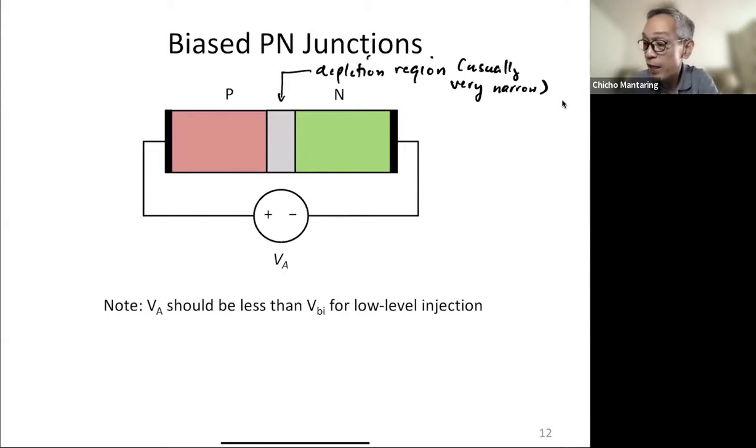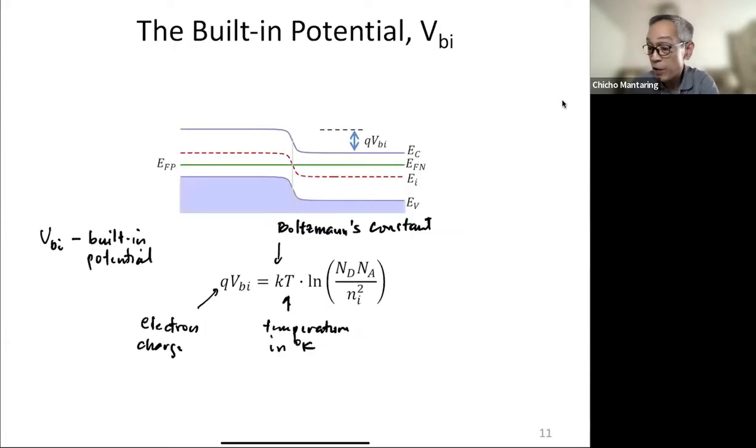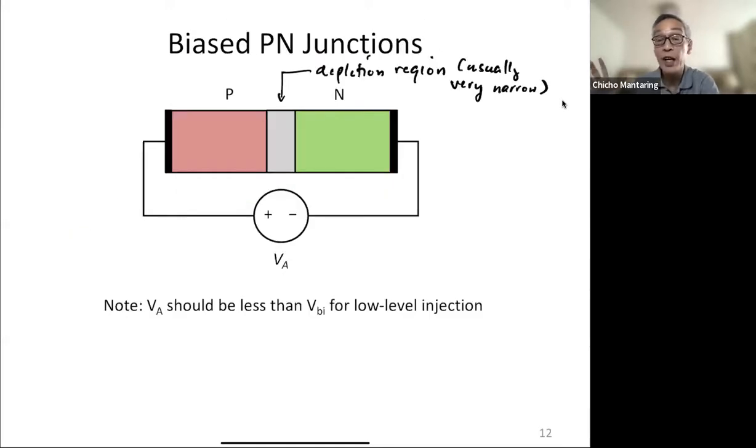Here it is obviously exaggerated, but that depletion region is only a small region. What will happen if I apply a voltage across my PN junction, where I apply a positive voltage at the P side with respect to the N side? Now, V_A should be less than V_BI, my built-in potential, for low-level injection.